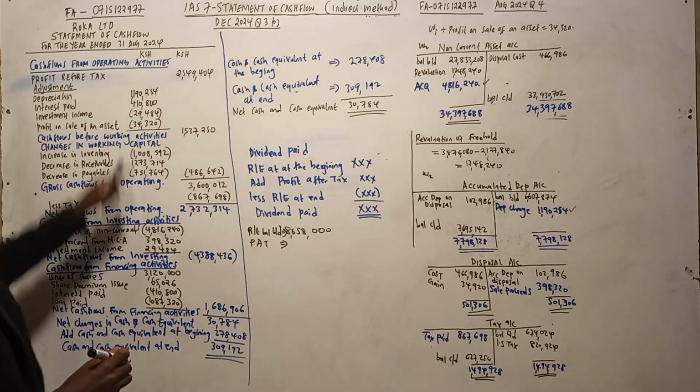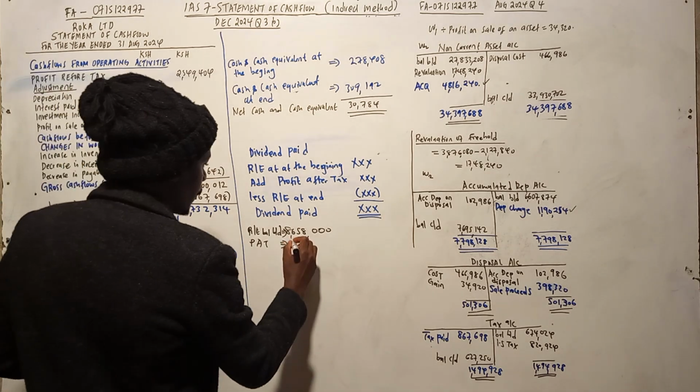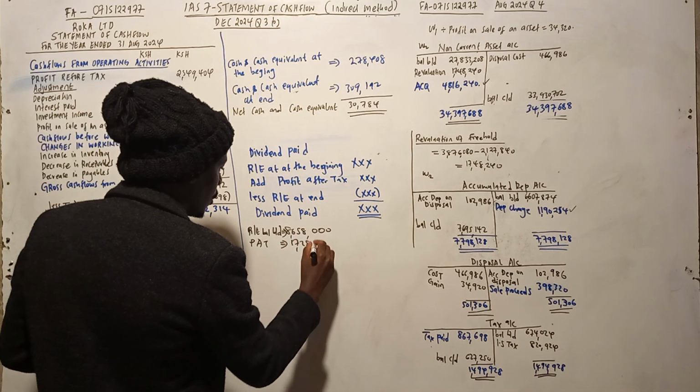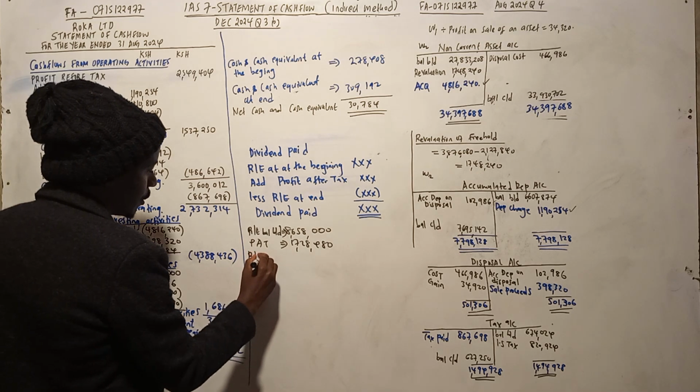This one is the profit before tax, so the profit after tax is in the income statement above. Profit after tax was 1728 for 80. Then you are supposed to less the retained earnings.